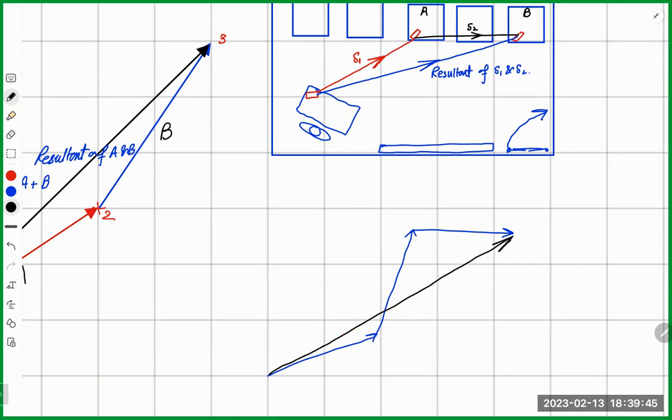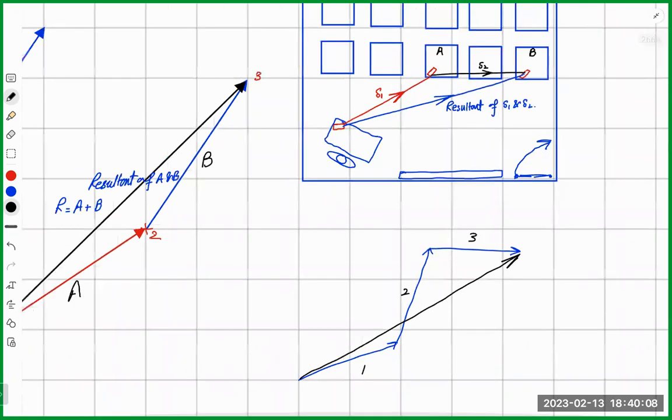Okay, regardless of the order of the vectors, like if it is 1 plus 2 plus 3, if you make it 2 plus 3 plus 1, or 1 plus 3 plus 2, or 3 plus 2 plus 1, or any other order, the resultant will be the same. It is completely independent of the order of the vectors.